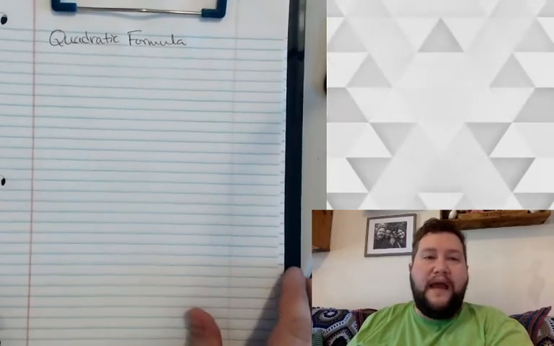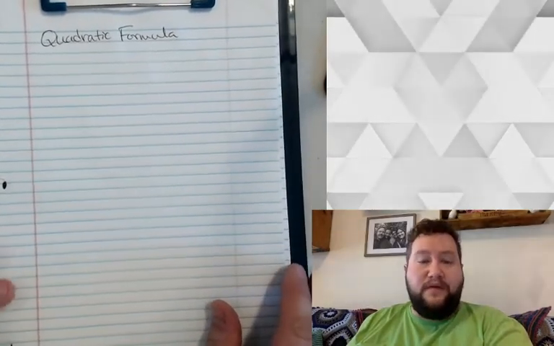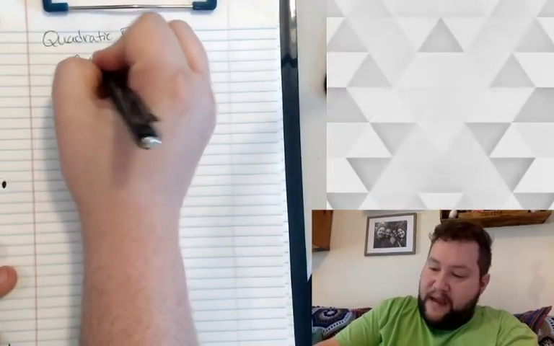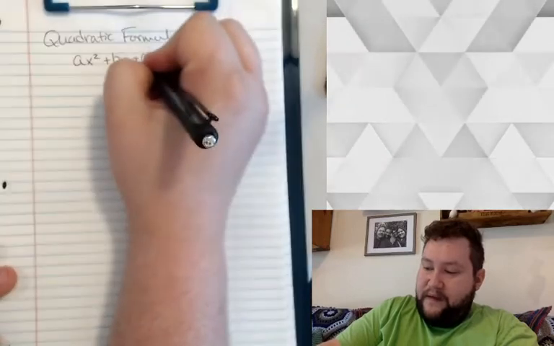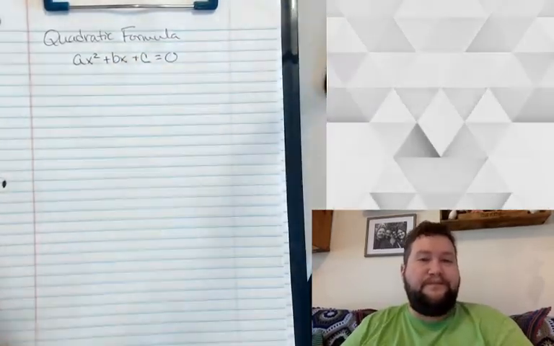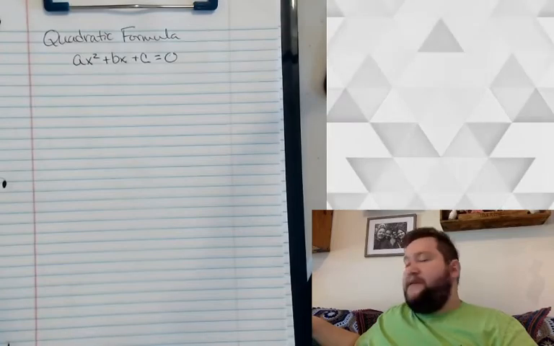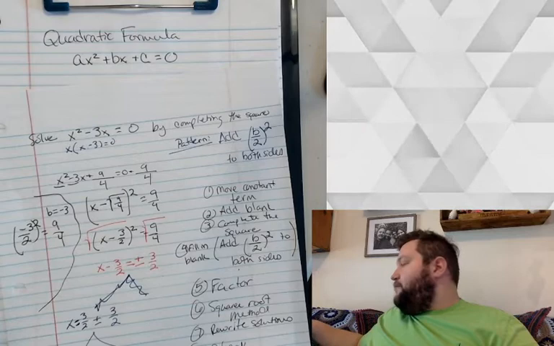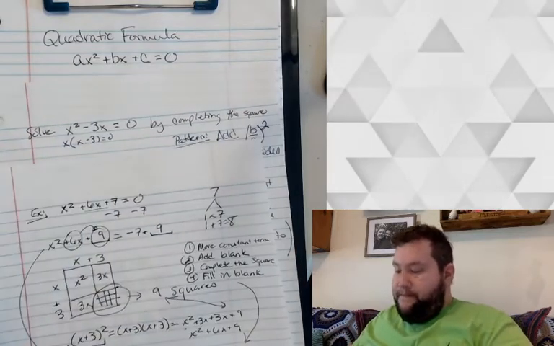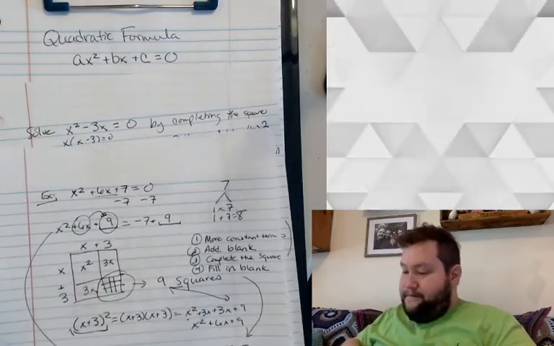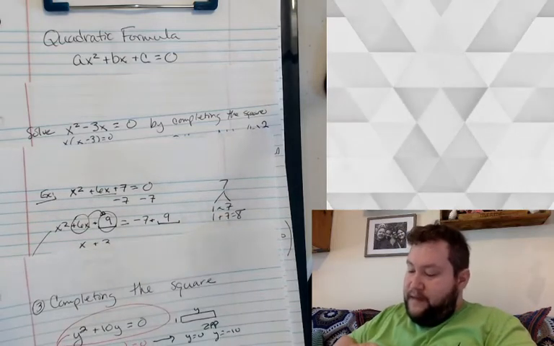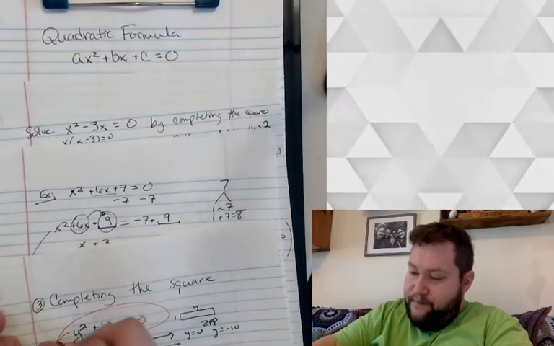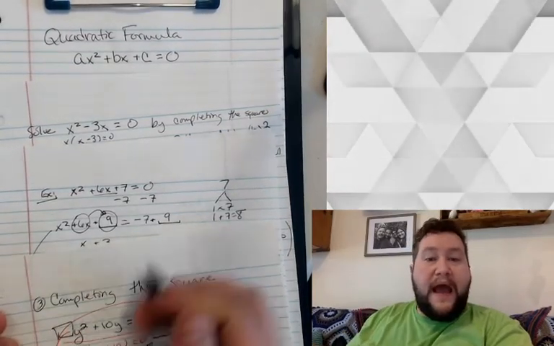So suppose we have some general ax squared plus bx plus c is equal to 0. Now there's something I didn't tell you about completing the square, but there was something that was always true. This leading coefficient has to be 1.